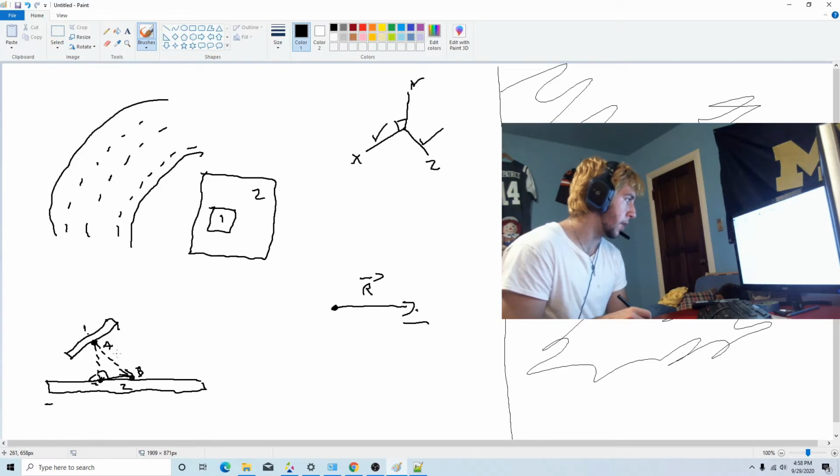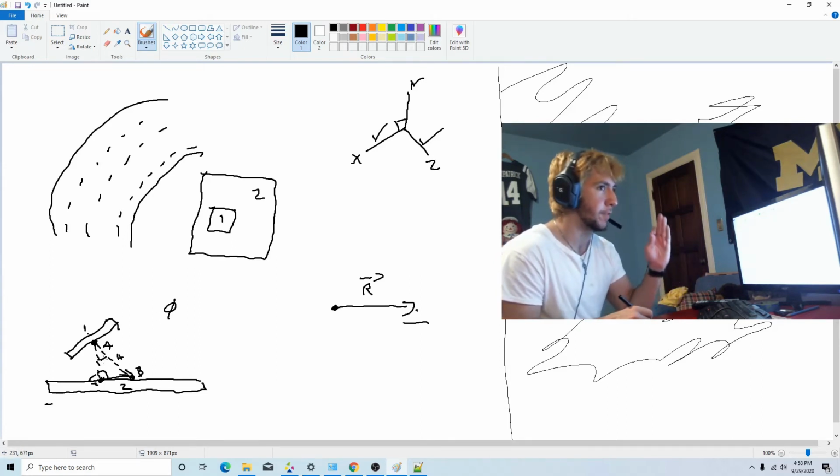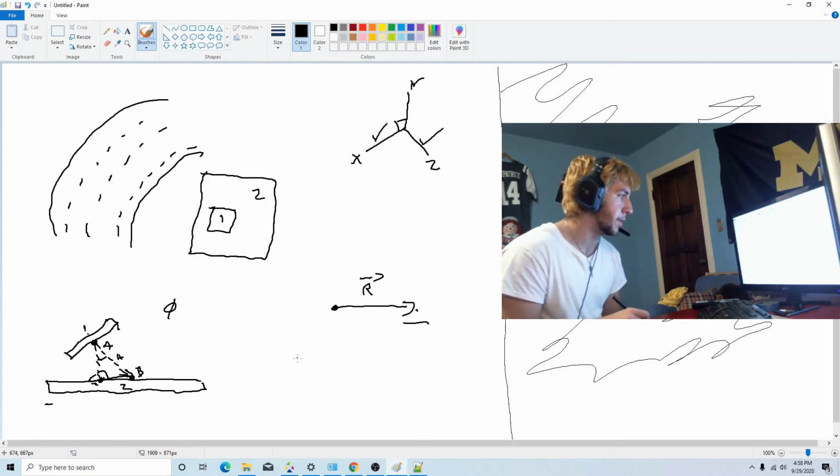Here is our hypotenuse, I'll call this h, and we're looking to solve for this angle. Now this angle, which I'll call theta, represents the amount of rotation required to stabilize this car.